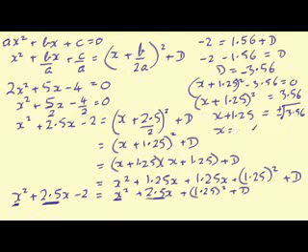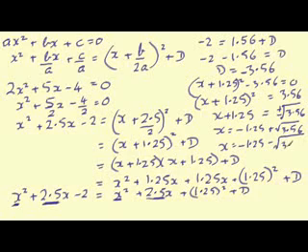So we have x is equal to minus 1.25 plus the square root of 3.56, and the other root is minus 1.25 minus the square root of 3.56.